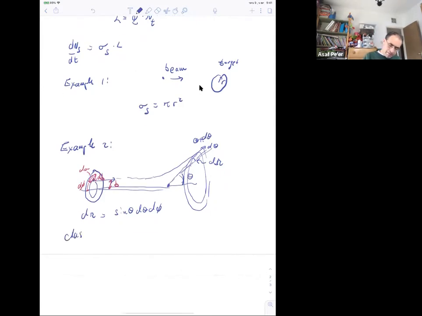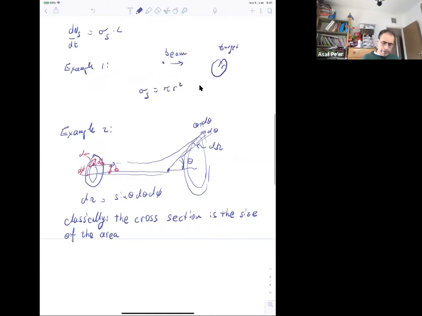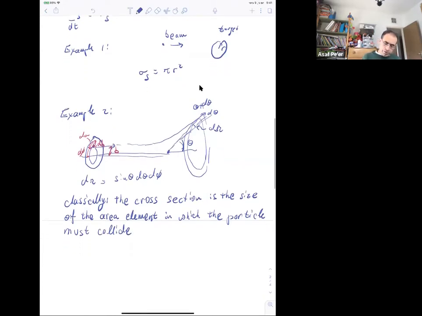So we said that classically, the cross section is the size of the area, or area element, in which the particle must collide in order to scatter at angle theta to theta plus d theta.